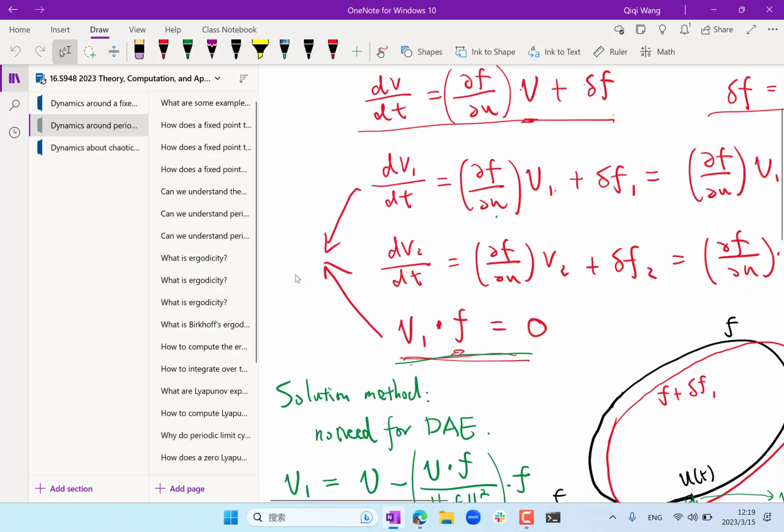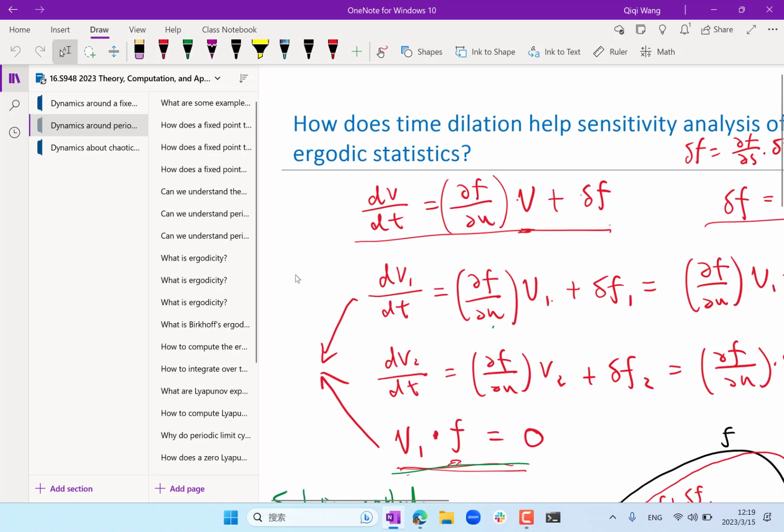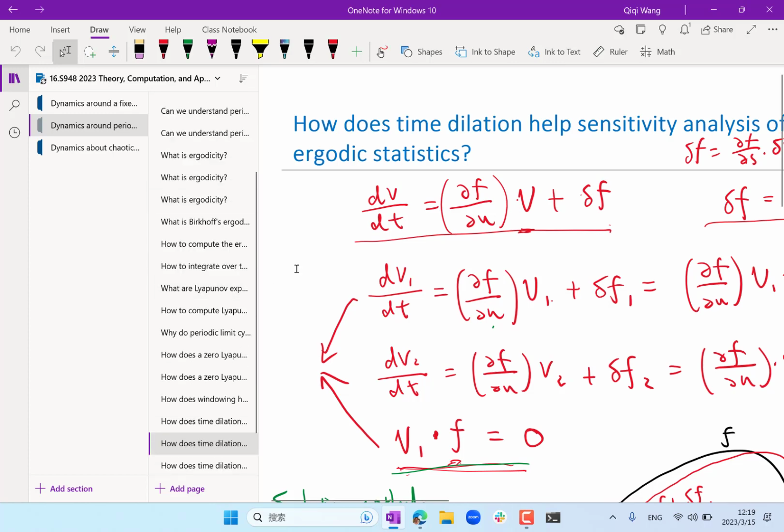And then finally, we looked at the effect of the 0 Lyapunov exponent in the tangent solution and in sensitivity analysis, and have shown that even a 0 Lyapunov exponent introduces significant problems that we have to deal with, either using a windowing method or using a time dilation method. So all of this is going to be useful for chaotic systems, which is really what we are going to start. Don't have much time today, but we are really going to start next week.